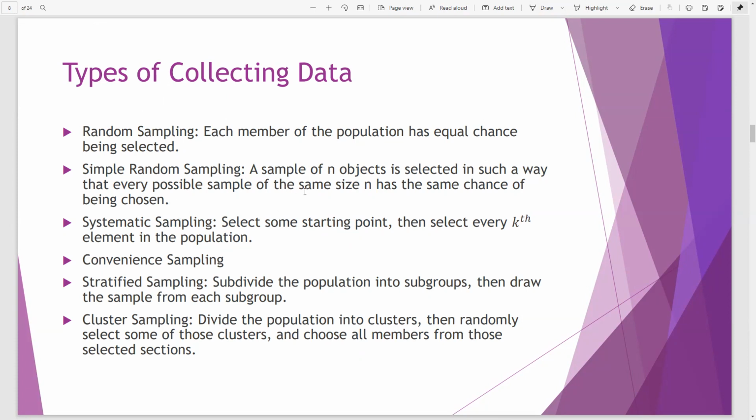So there are groups of size n separated first, and we choose one from all those possible groups. Of course, one person or object can appear in many different groups.